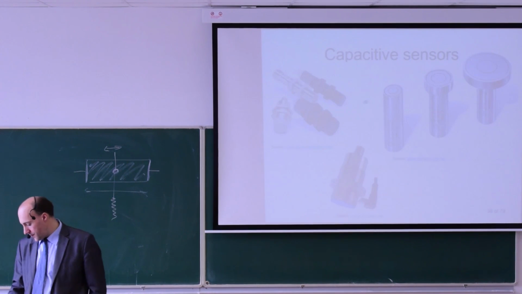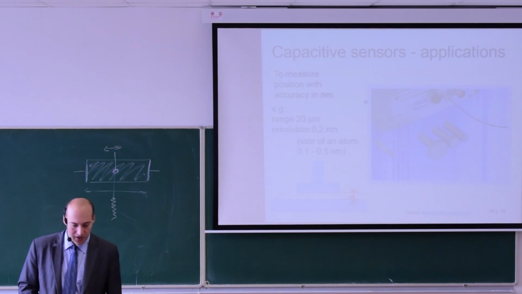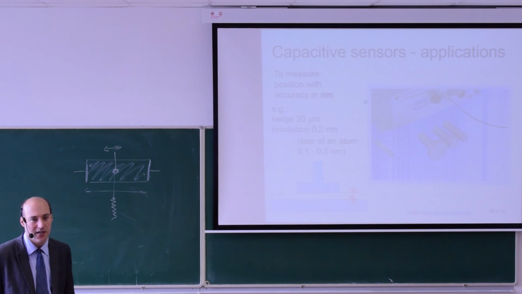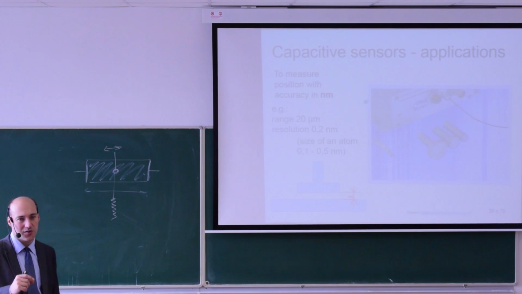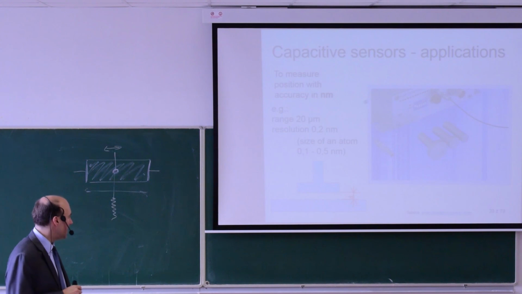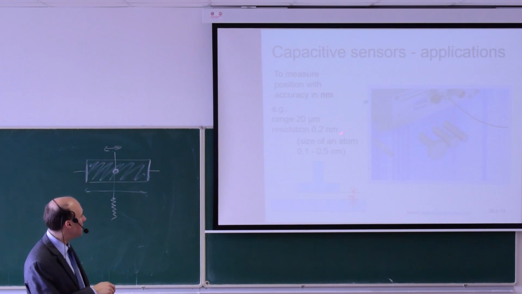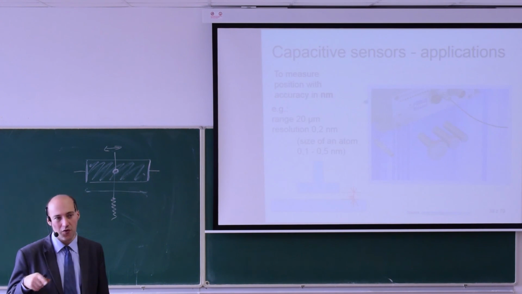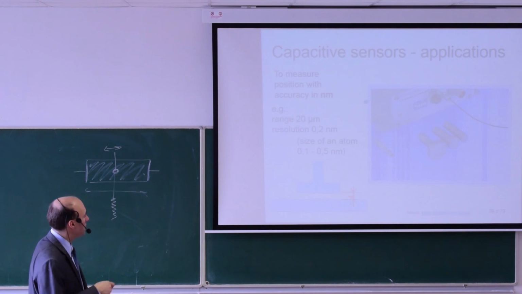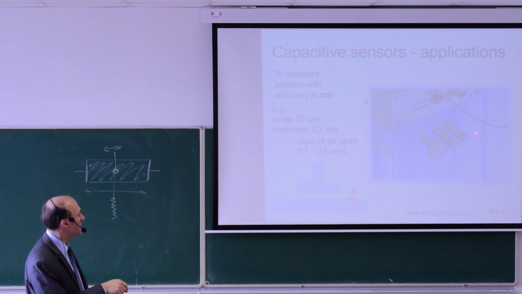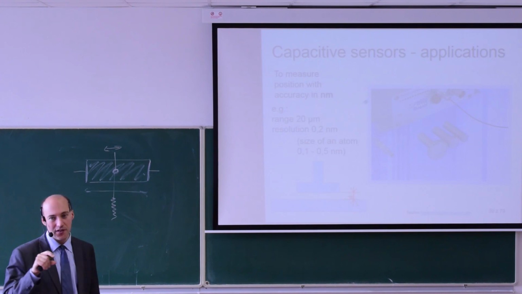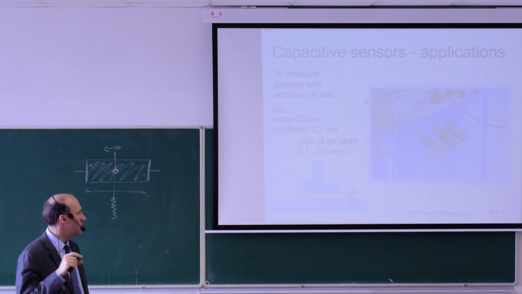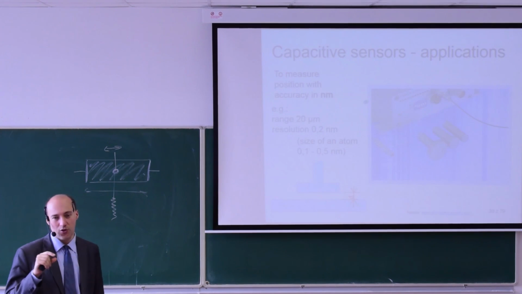What can it do? Capacitive sensors are very, very accurate. So they can measure very small distances. The numbers that you see here are actually from data sheets from capacitive sensors. For example, the one that you see here has a range of 20 micrometers with a resolution of 0.2 nanometers.